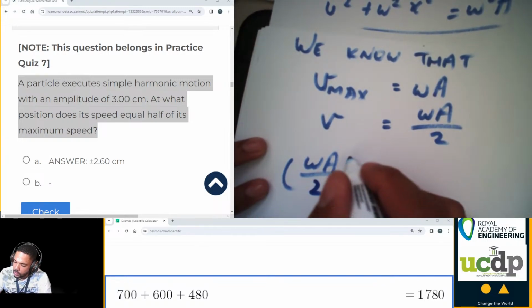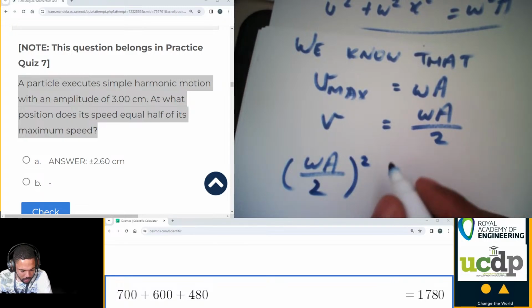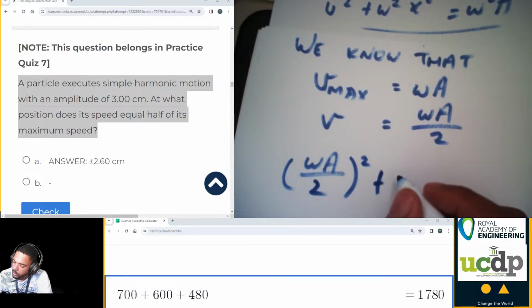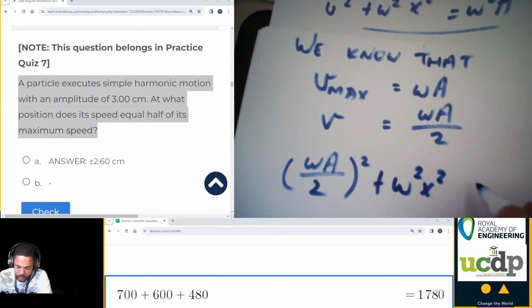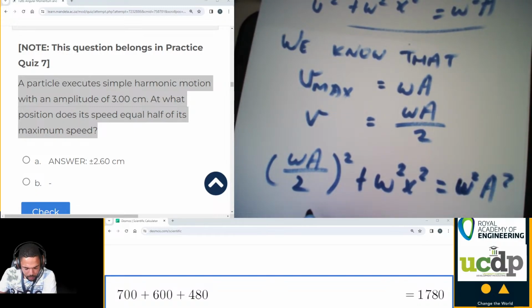If you're not at this stage yet, I know one group of you is not here yet, but it's okay. Just try to follow as far as you can. We have omega squared A squared over 4 plus omega squared x squared equals omega squared A squared. Omega is the Greek letter for angular frequency.